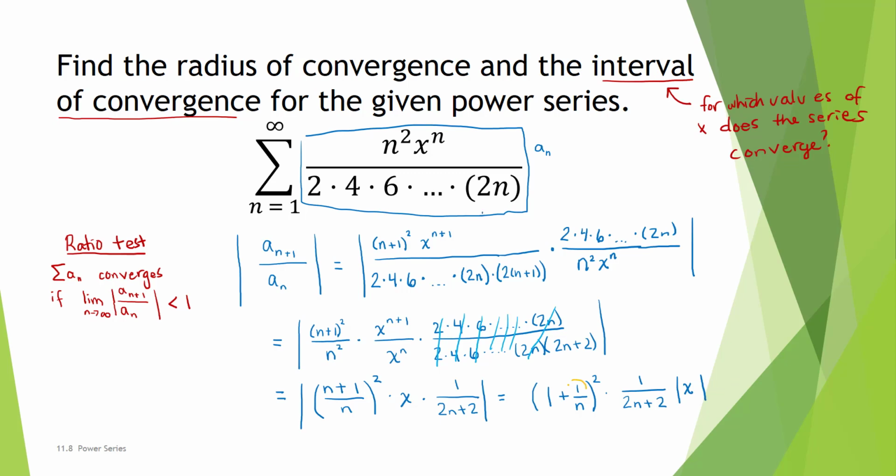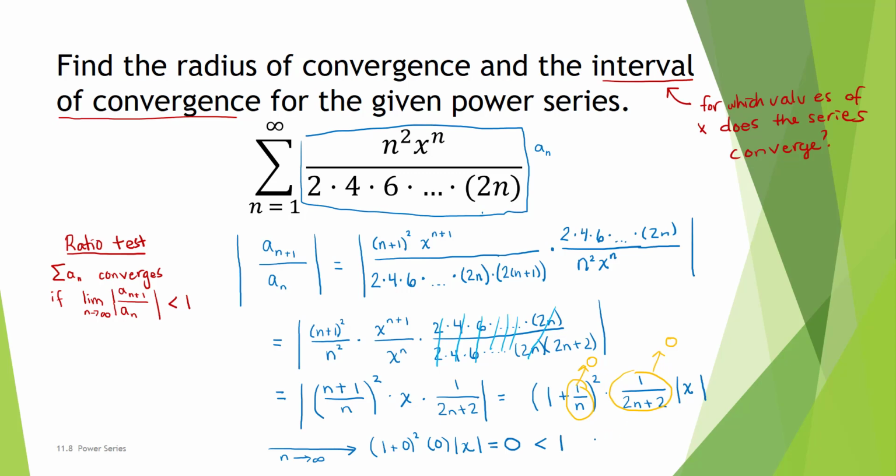Now as n approaches infinity, the fraction 1 over n goes to 0, and this fraction, 1 over 2n plus 2, goes to 0. Altogether, as n approaches infinity, we get 1 plus 0 squared times 0 times the absolute value of x, which is 0. Now the question is, for which values of x is this limit less than 1?